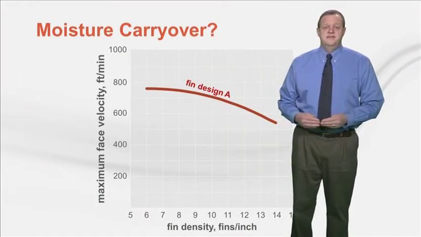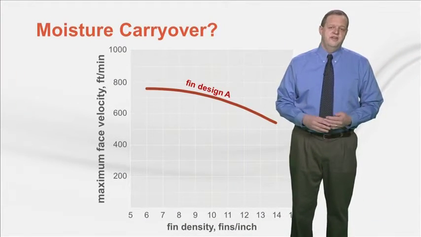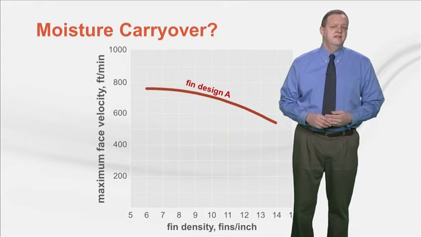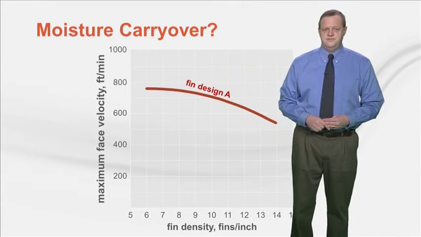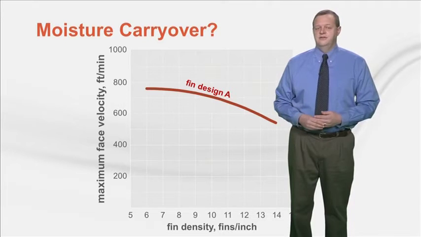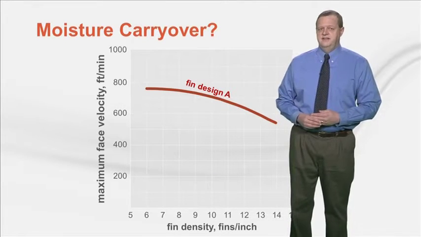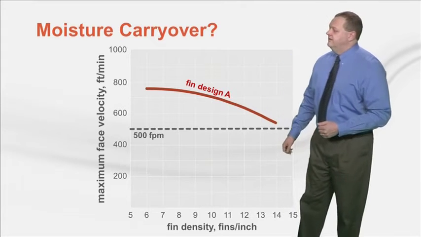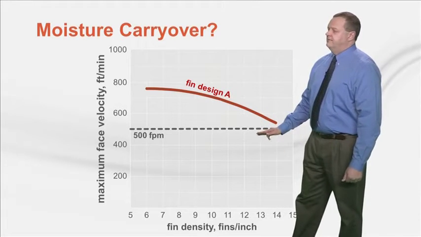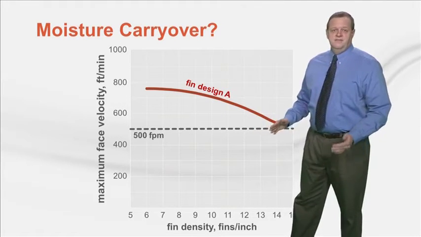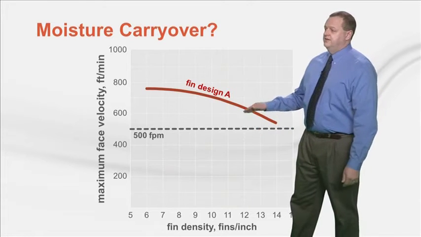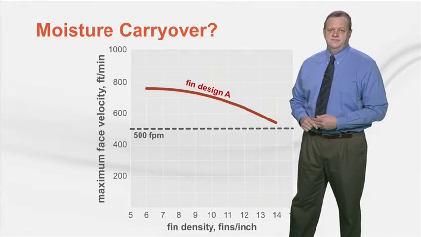This chart depicts the laboratory-tested moisture carryover performance of the fin surface design used for this example selection. Like the charts that Todd showed earlier, the x-axis is fin density and the y-axis is face velocity. Again, here's that arbitrary 500 feet per minute limit. You can see that depending on the fin spacing, this fin surface is capable of much higher face velocities.